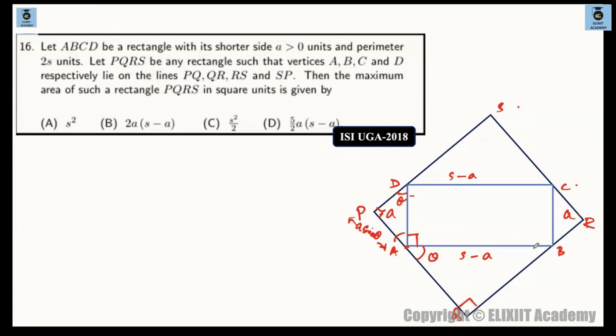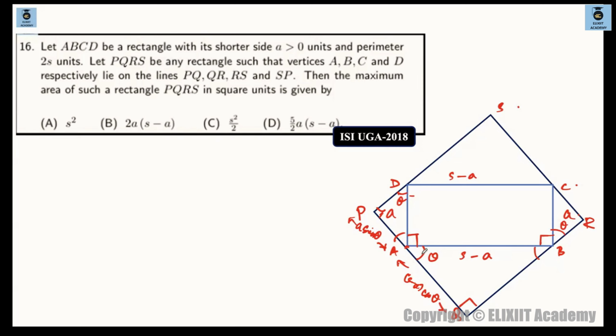अच्छा, so if this is a sin theta, similarly for this right angle triangle also, this is theta, this is 90, can I say ये हो जाएगा s minus a cos theta, क्योंकि ये 90 minus theta है, ये 90 है, ये भी theta है. तो for this right angle triangle also we can say that this side length is actually s minus a cos theta.